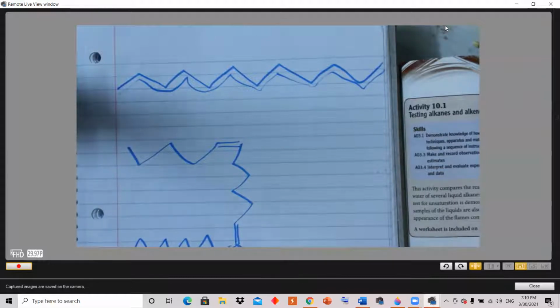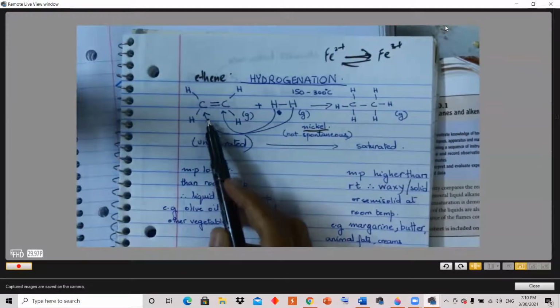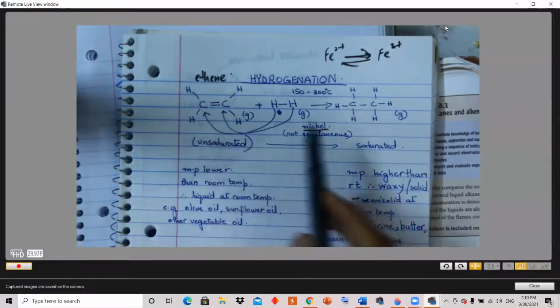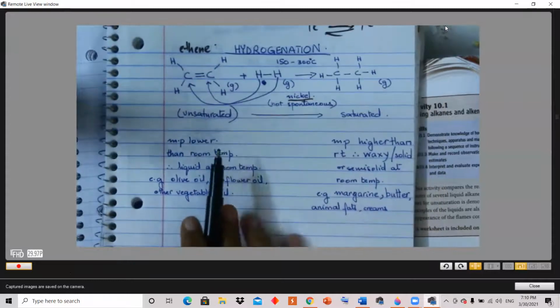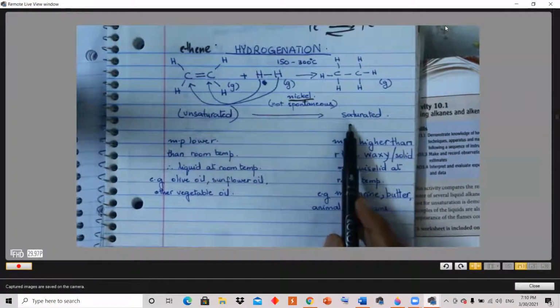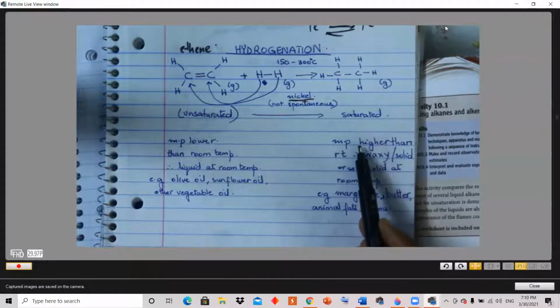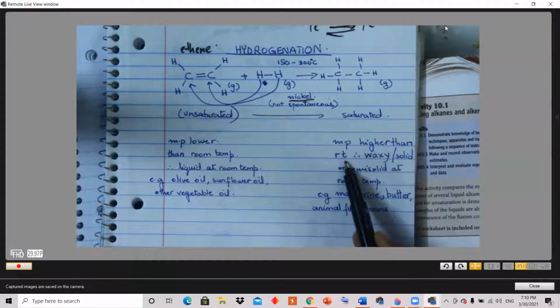Therefore, when we convert these alkenes into alkanes, we are converting them from unsaturated to saturated. So their melting points are higher than room temperature.